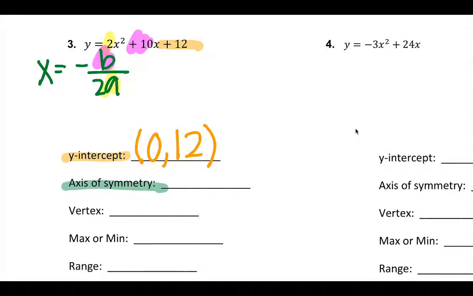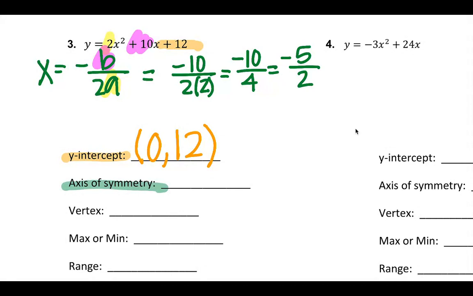So when I plug all that in, I've got negative 10 over 2 times 2, which is really negative 10 over 4. And I can divide top and bottom by 2, so I'm going to have negative 5 over 2, and you can just leave it like that. So axis of symmetry is x equals negative 5 over 2. Or you could say negative 2.5 if you want to do decimals.